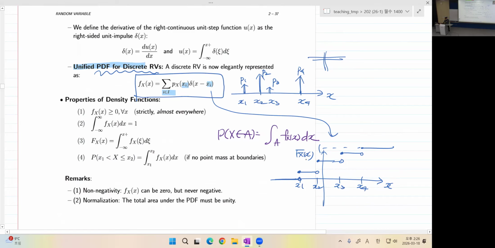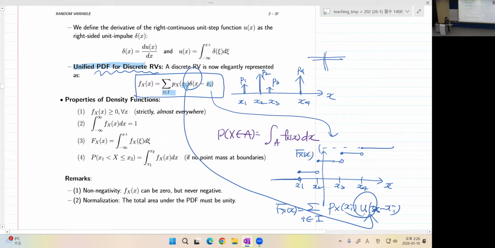So your CDF becomes the sum over the index i in the index set capital I, of P sub capital X at x_i, times U of x minus x_i. So the only difference is that the delta function after integration is replaced by the unit step function.